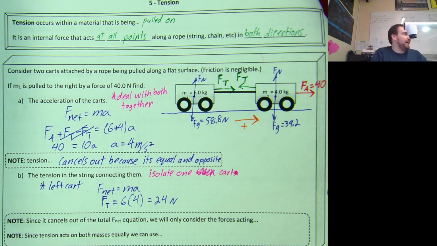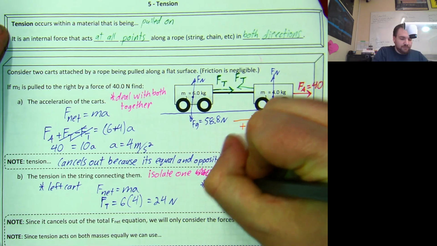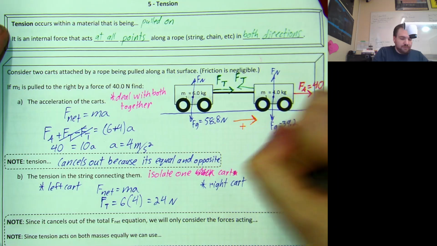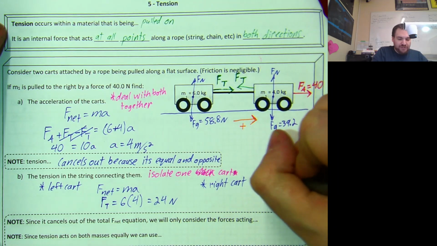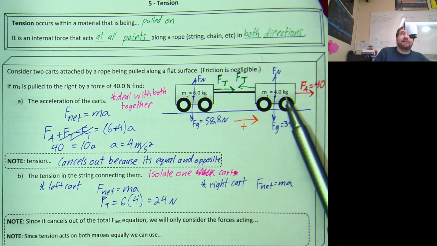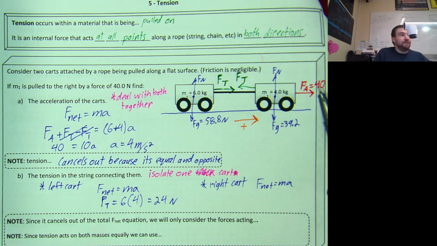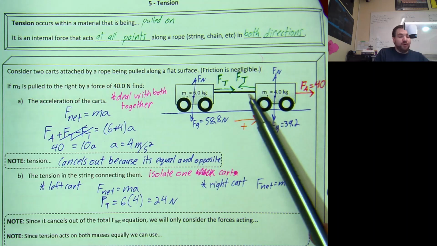What if instead we had isolated the right cart? It's a little bit more work. Let's show it though, just so we can see it. F net equals ma. If I had isolated the right cart, what forces are acting in the direction of motion? Applied force and tension, and which one of those is positive?